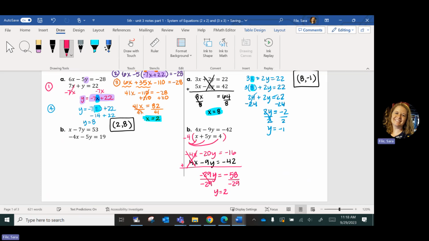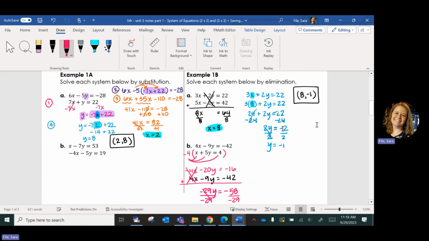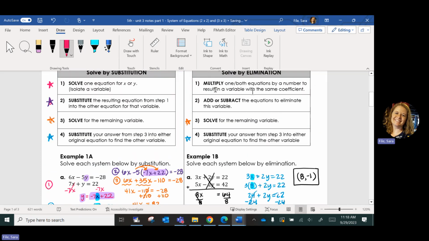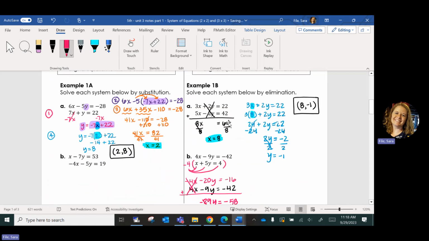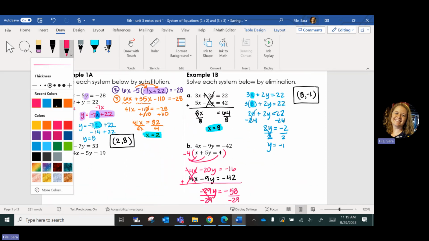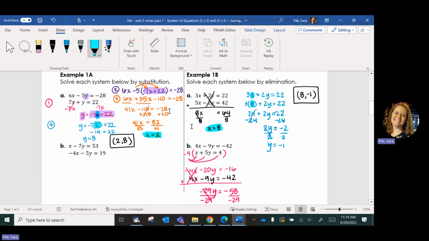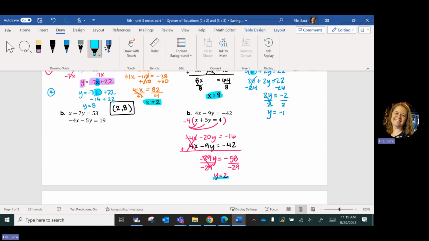So now that was, actually should have changed colors in the middle there. I did the multiplying, I did the adding or subtracting, and I did the solving. So I'm already through step 3. I'm ready for step 4, which is to then make the substitution. I'm going to replace y with a 2 in one of these equations.